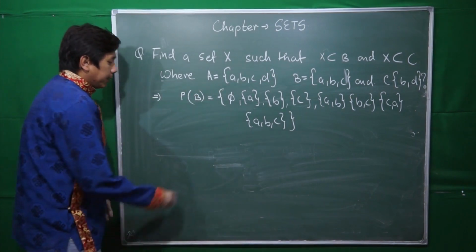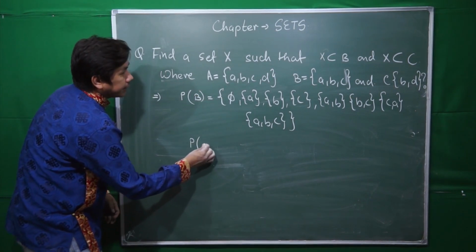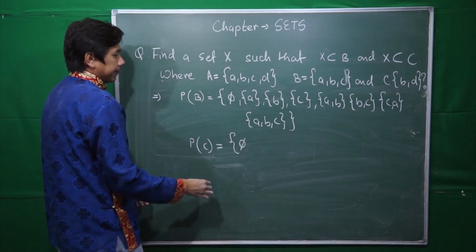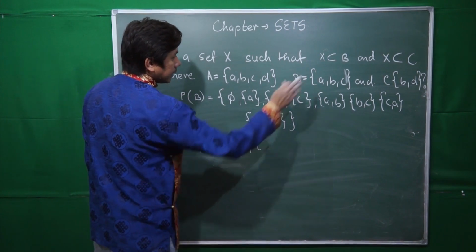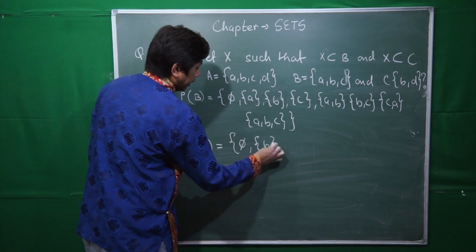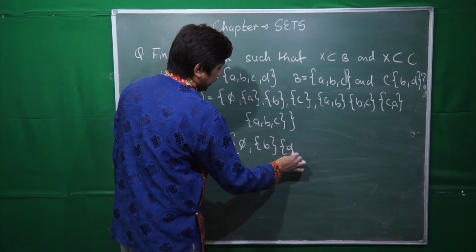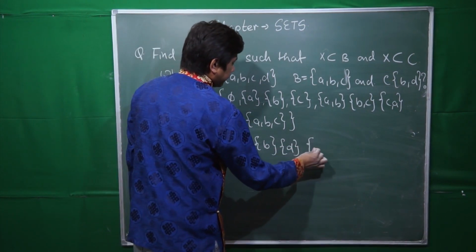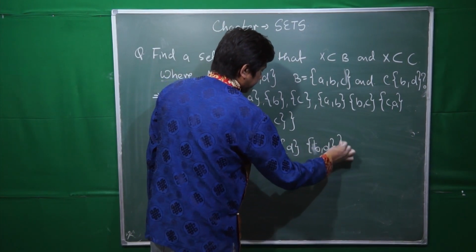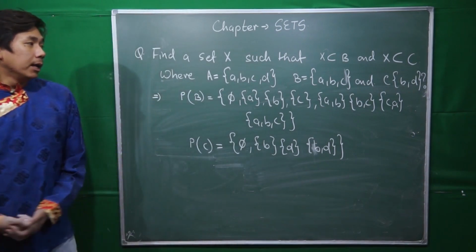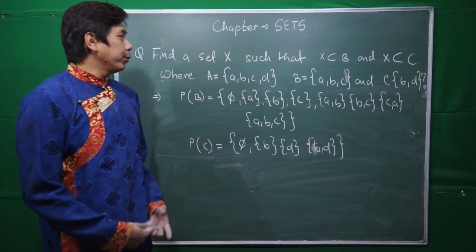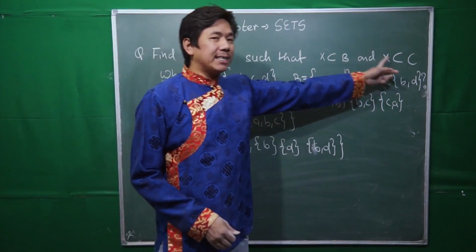Similarly, we can find the power set of C, which is equal to, again, a null set, set {b}, then {d}, and the combination {b, d}. Fully closed.